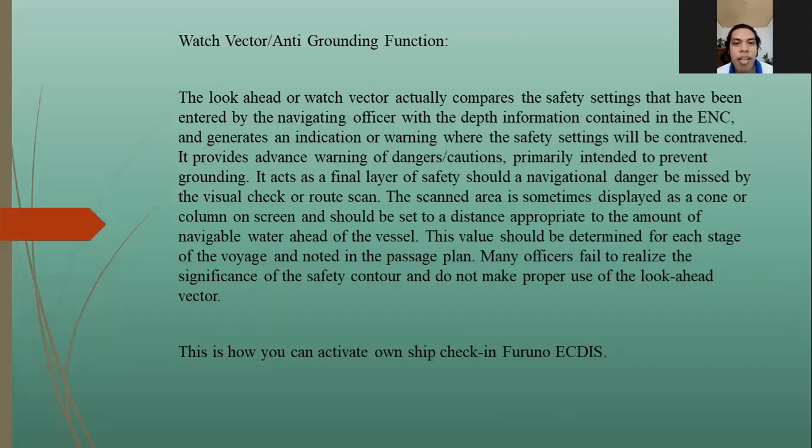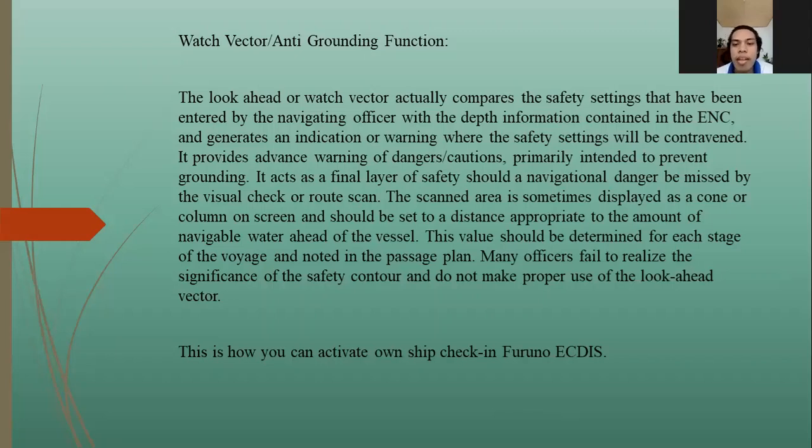It acts as a final layer of safety should a navigational danger be missed by the visual check or route scan. The scanned area is sometimes displayed as a cone or column on the screen and should be set to a distance appropriate to the amount of navigable water ahead of the vessel. This value should be determined for each stage of the voyage and noted in the passage plan.